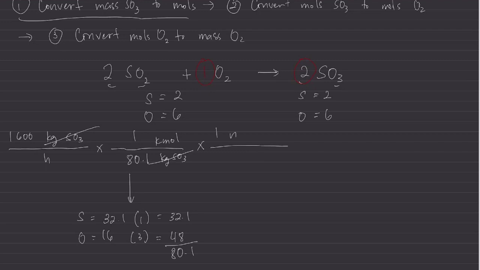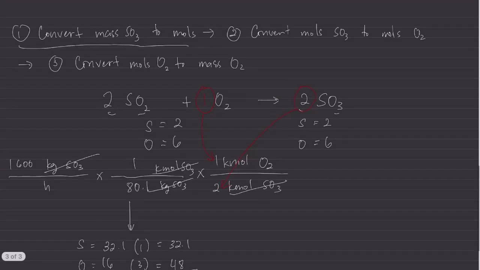So 1 kilomole O2 will be consistent, and then 2 kilomoles ng SO3. So, lagyan natin ng arrow para mas madaling makita. So, ito yan. And this is this one. So ngayon, ang mangyayari, makakancel yung kilomole SO3. Now, we're left with kilomole O2. So, tapos na natin itong dalawang steps na to.